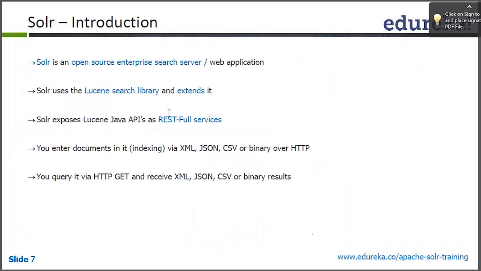Fine. We'll briefly introduce what Solr is and understand what its capabilities are all about. First of all, Solr, as you might have heard, is an open source, Apache licensed enterprise search server.